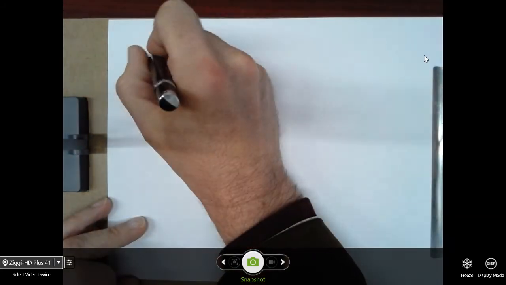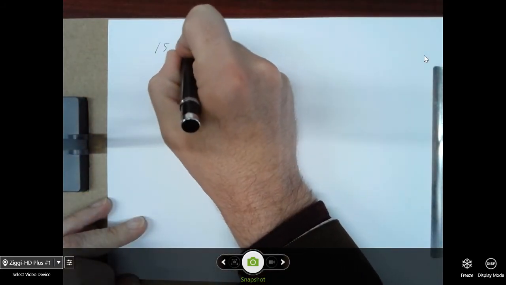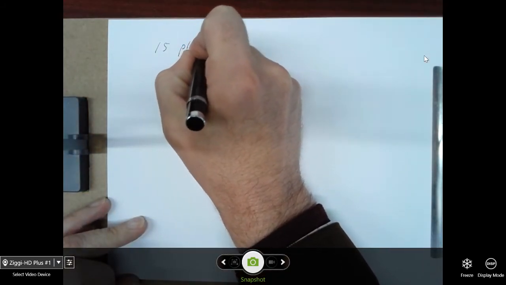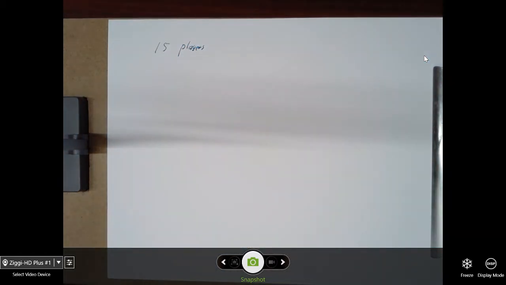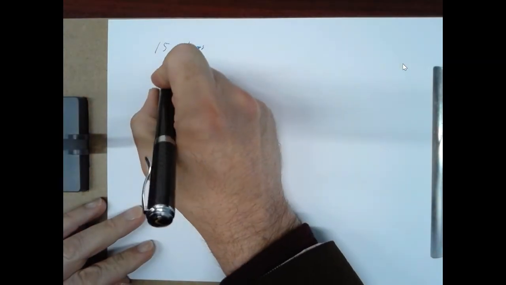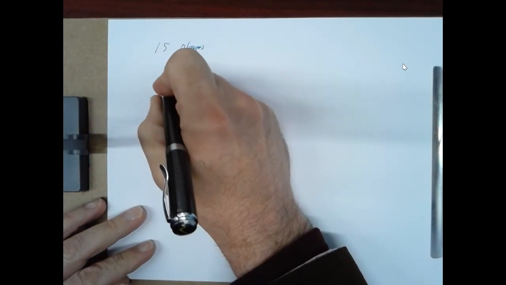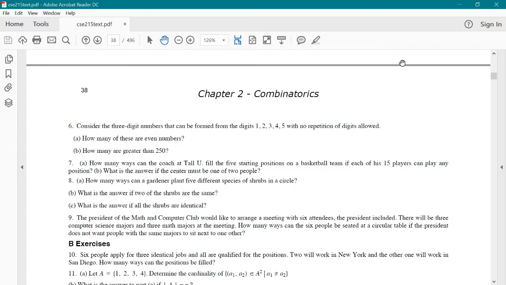All right, so you have 15 players. And let's talk about both parts while we're here. Part A, you're trying to fill 5 positions. So you can break this into a set of tasks.